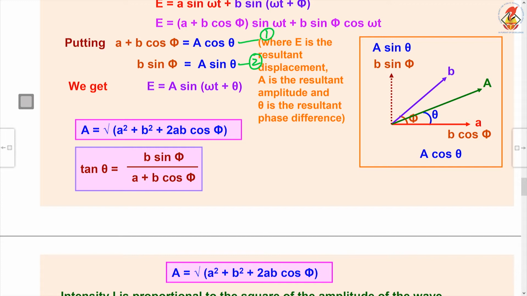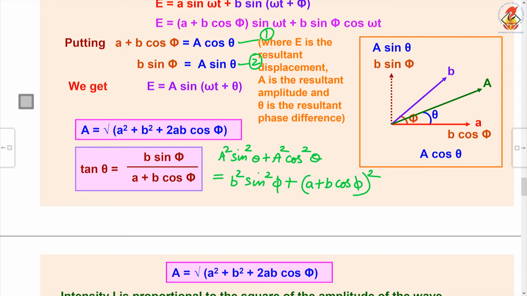Squaring and adding equations 1 and 2: first, from equation 2, A square sin square theta plus A square cos square theta is equal to B square sin square phi plus A plus B cos phi whole square.